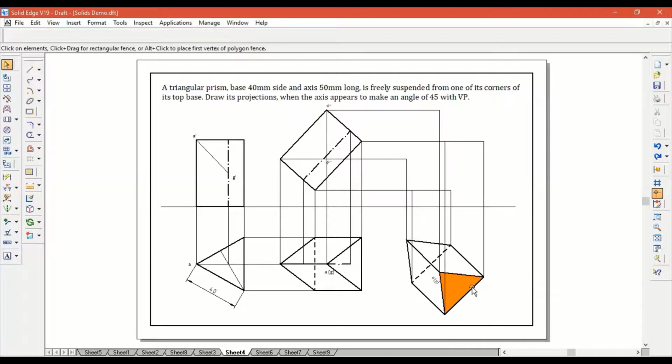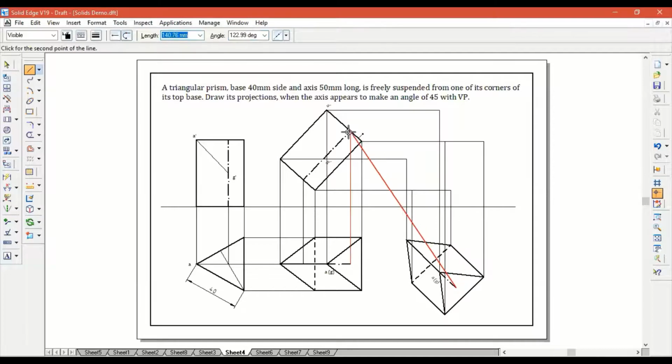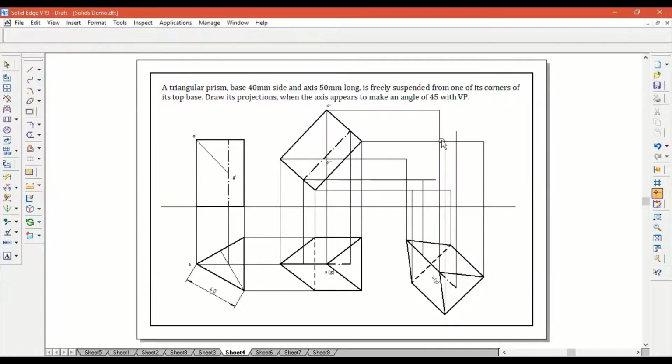To mark the axis line, I'm just going to hide the shaded portions I've done earlier. The axis line is here, and the other end of the axis would be roughly there. We'll worry about the axis later.